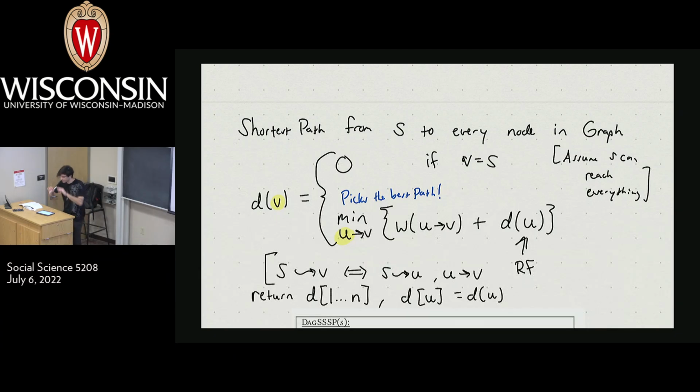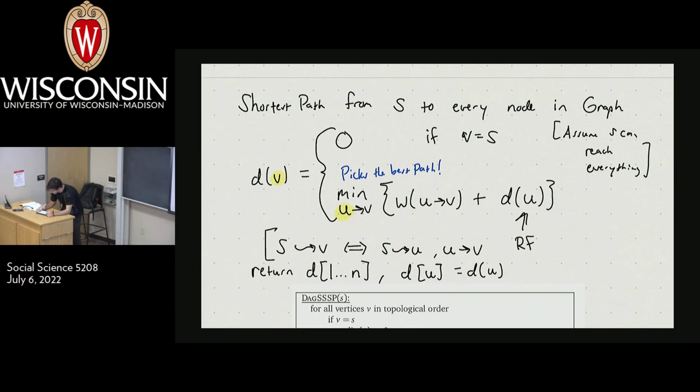And so if you drew the evaluation, the dependency graph equals G. So you have V, it depends on all of its predecessors. They're exactly the same.